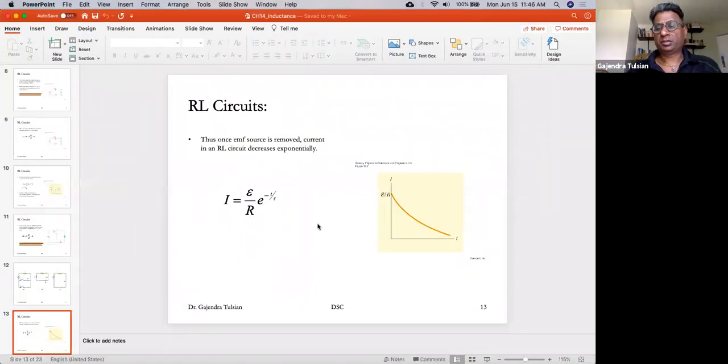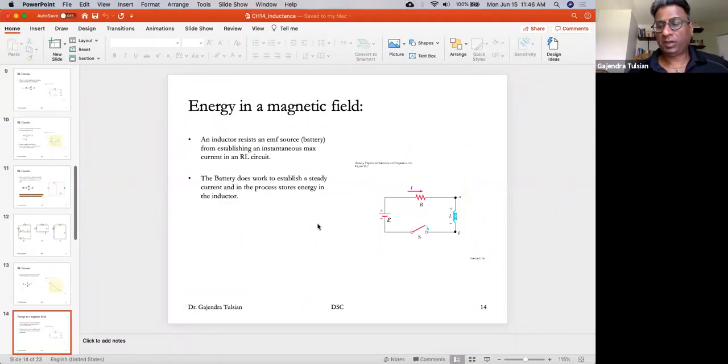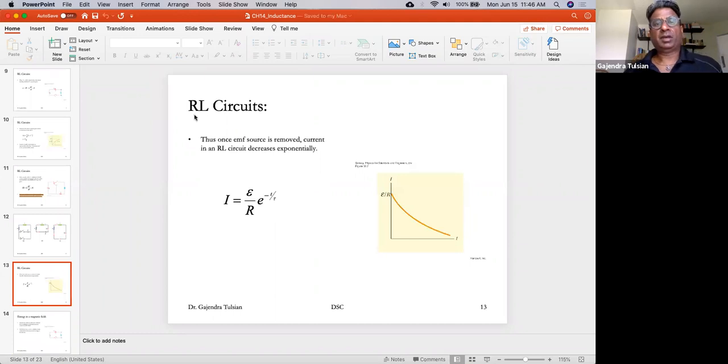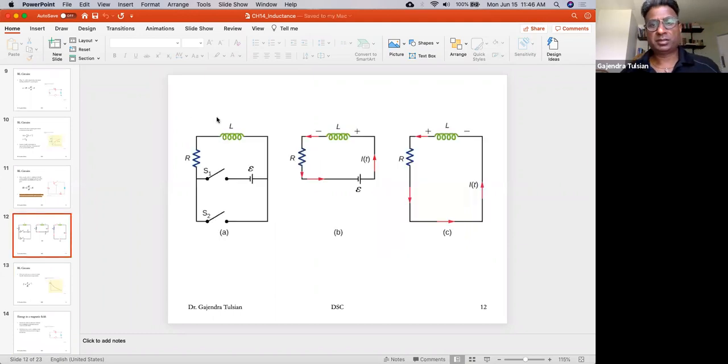All right, so now we have looked at an RL circuit. An RL circuit is a circuit which has a resistor and an inductor. And these are connected in series. Of course, you can connect them in parallel, but we're not studying that. So we're studying the simplest case.